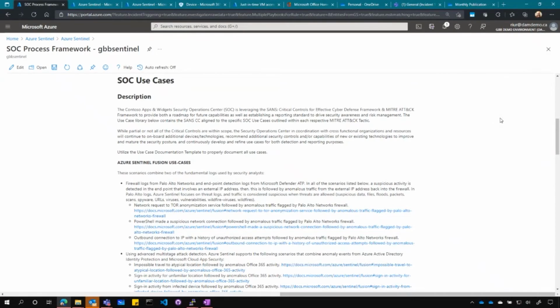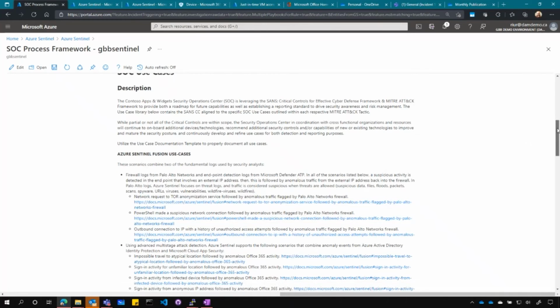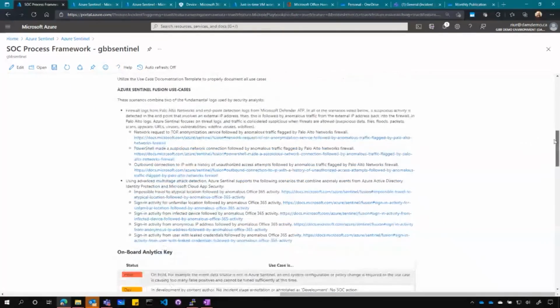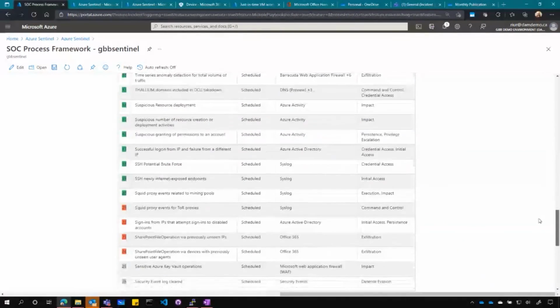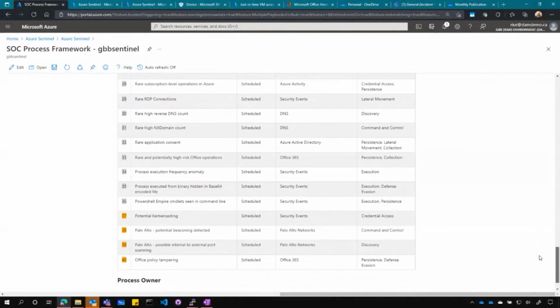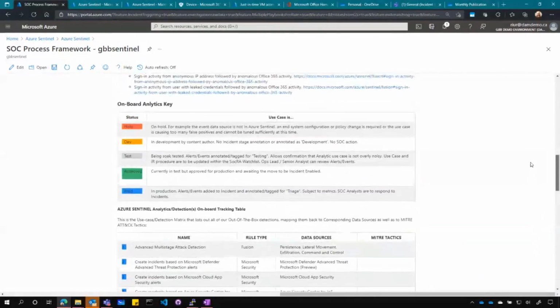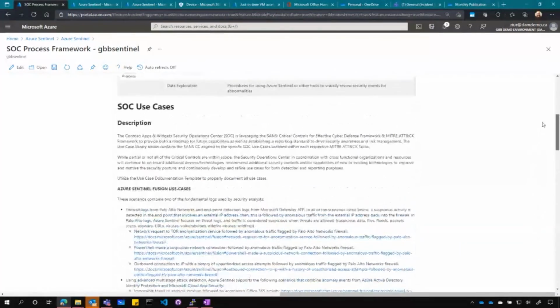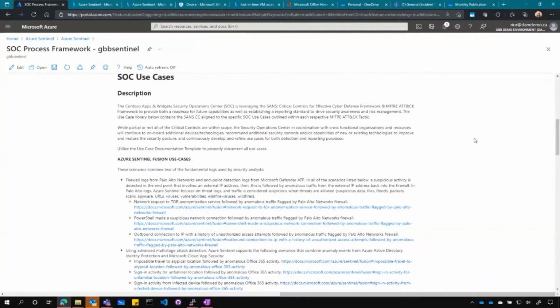All right, this next section we're going to dive into is our SOC use cases. This is going to be a really straightforward section. Not a lot here to really talk about, but there's a lot here to consider. Not a lot to talk about in the sense that this is a table. And the idea behind this section of the workbook is really simple. It's all about deployment.